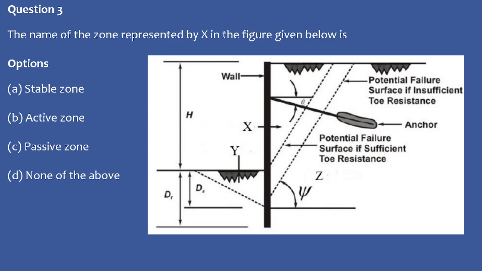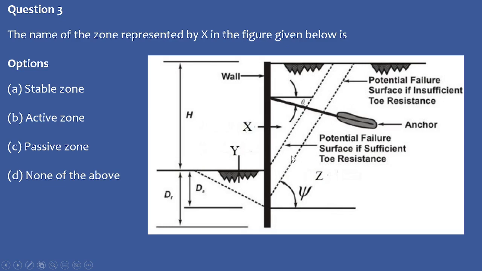This is a typical diagram at a site where we install the nails, and this is the slab or retaining wall which is preventing the failure of the surface, and we are including the nails to stabilize this wall.